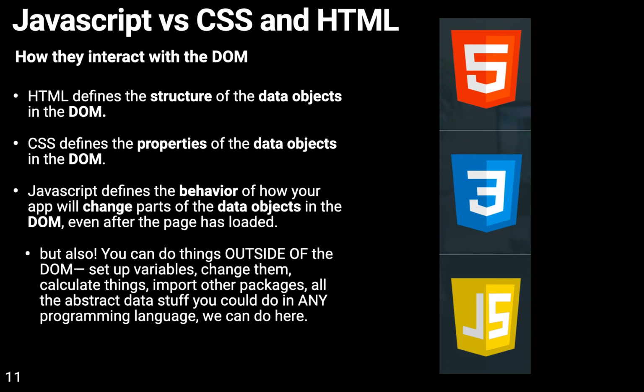You can do things in a purely programming environment style, where you set up variables, change them, calculate things, run a whole script under the hood. It has nothing to do with what's visible, right? Import other packages. You can do all this stuff that other programming languages do, on top of being able to directly interface with the DOM.